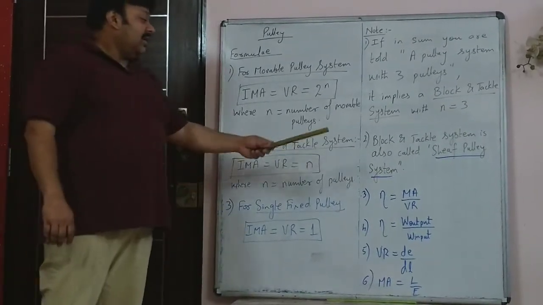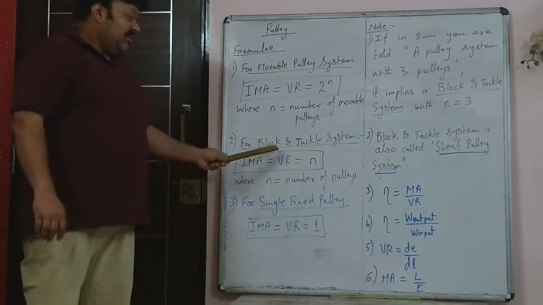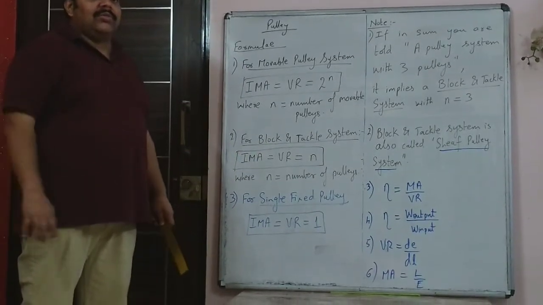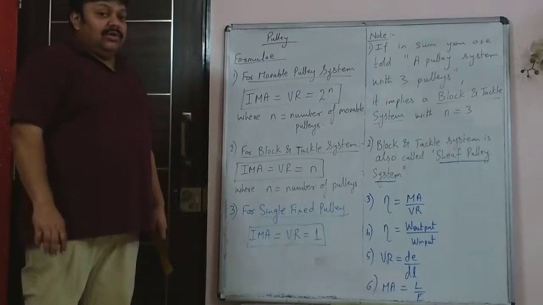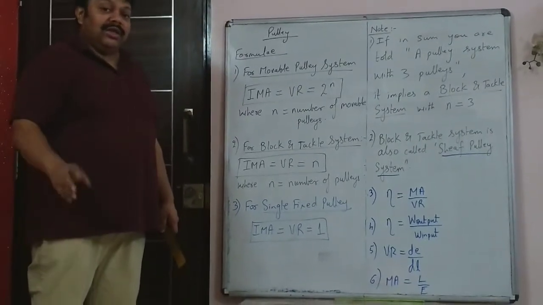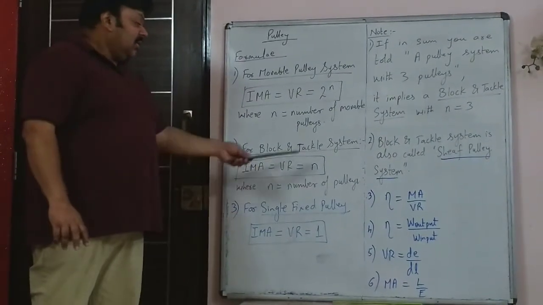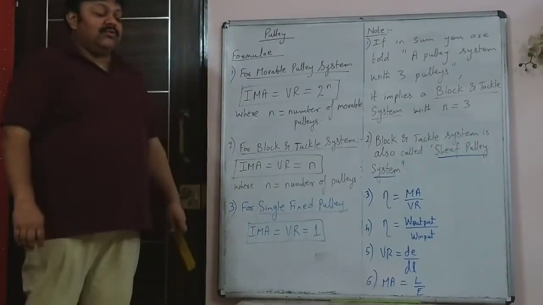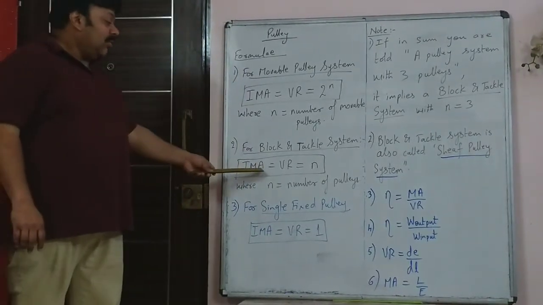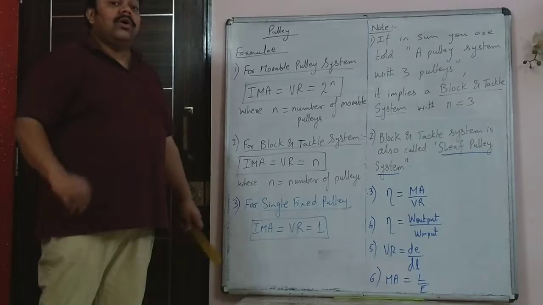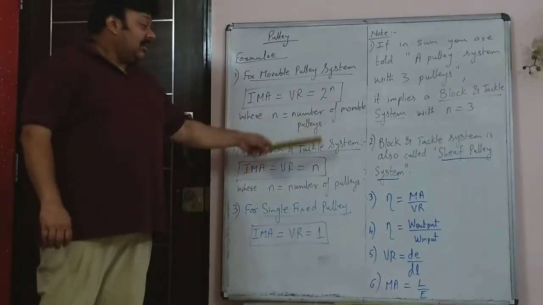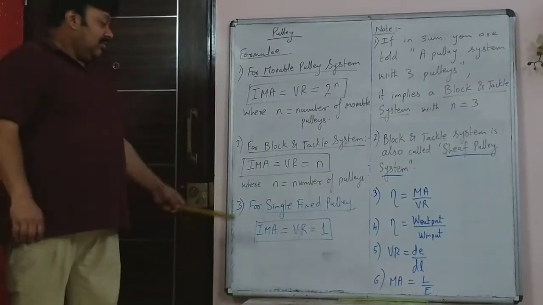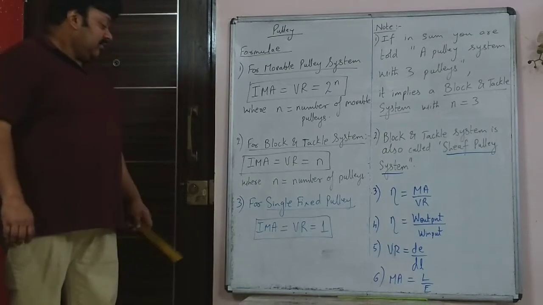Now for block and tackle system, if the question doesn't give any type of pulley system, it just says a pulley system with 5 pulleys, then it automatically means it's a block and tackle system of 5 pulleys. In that case, IMA is equal to VR is equal to n. Now it is not 2 raised to n, it is just n, where n is number of pulleys.